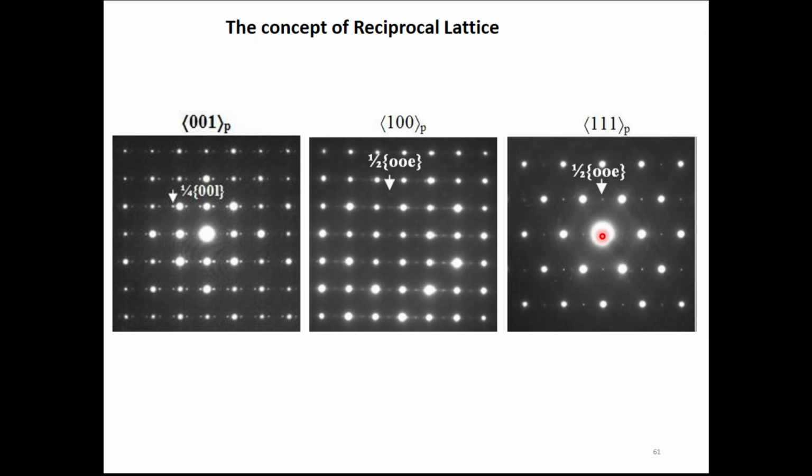Okay, so this is the undiffracted spot, and this is the indexation. Again, don't be concerned about this indexation. This means half, odd, odd, even, half, odd, odd, even, and quarter, 0, 0, 1.